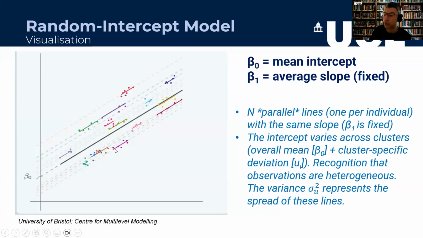And these will all have the same slope. So these lines are all parallel. And actually, sorry, this should be one per country or one per cluster. And then the intercept here will vary across all of these clusters. And therefore, we can calculate cluster-specific intercepts.